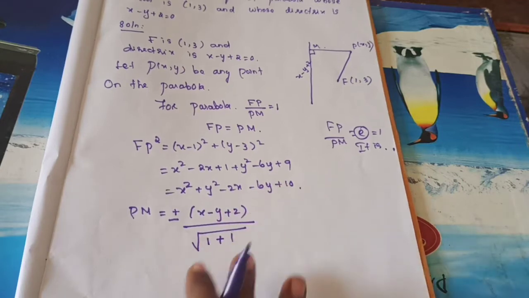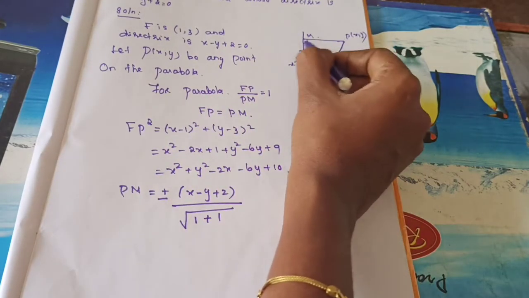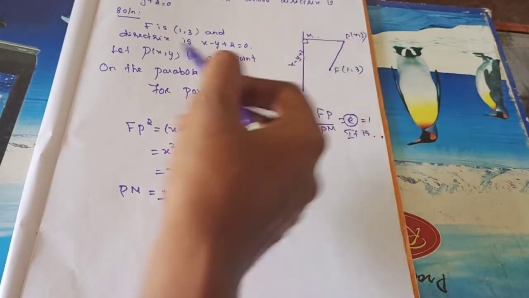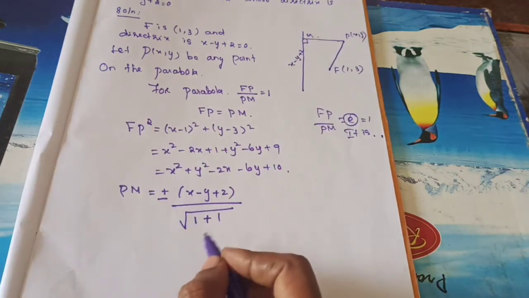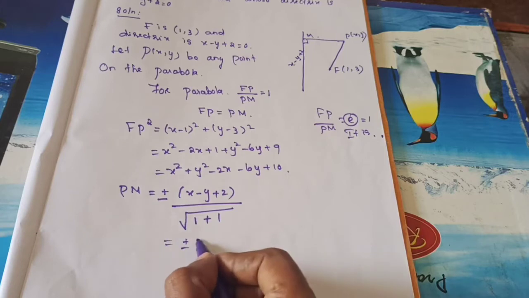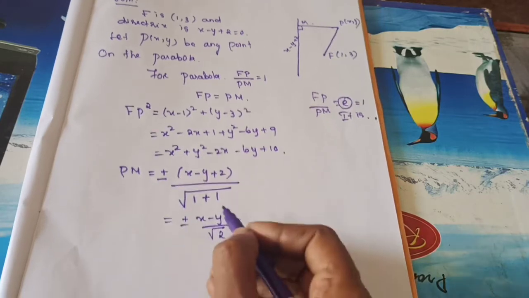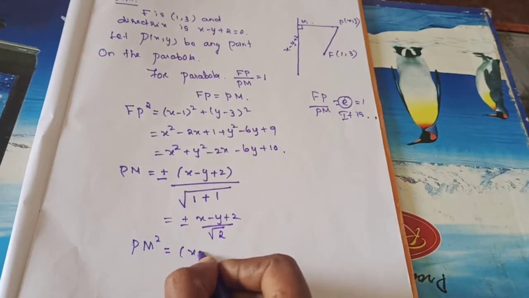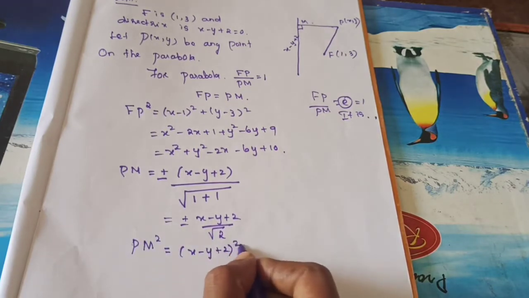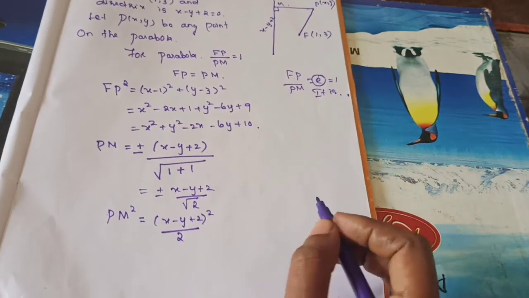How do you find the distance PM? Plus or minus the equation of the directrix divided by the square root of the coefficients of x and y squared. That's all. So that equals plus or minus (x minus y plus 2) divided by square root of 2. If you find PM square, it will be (x minus y plus 2) whole square divided by 2, since the square root becomes 2.